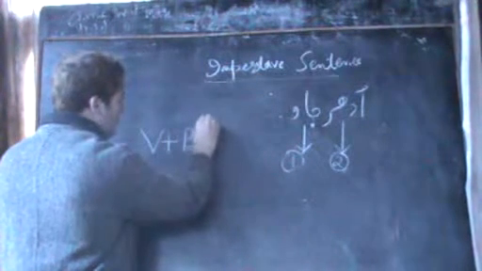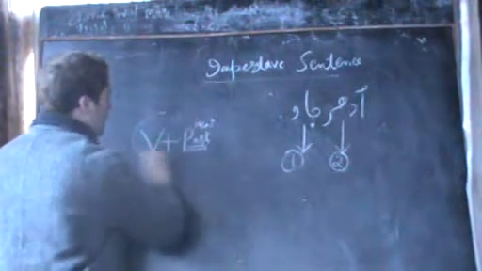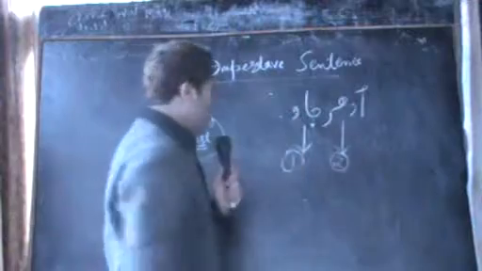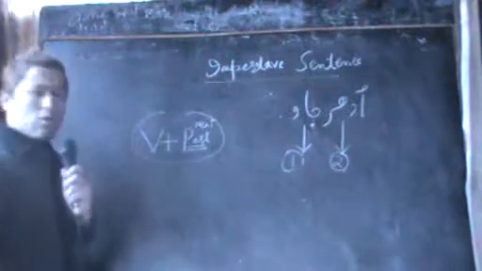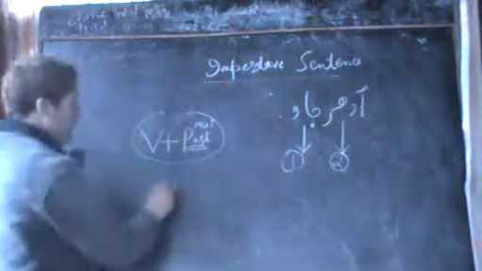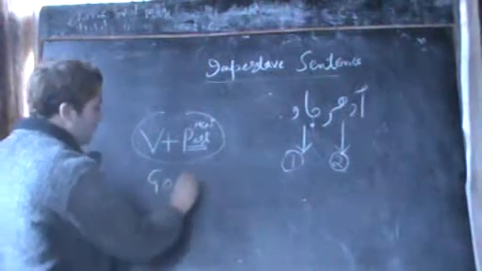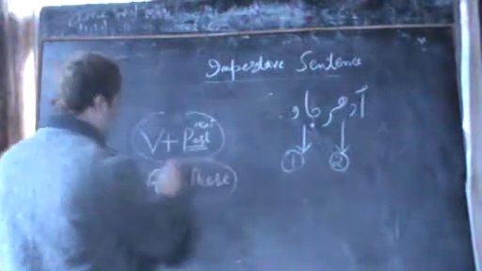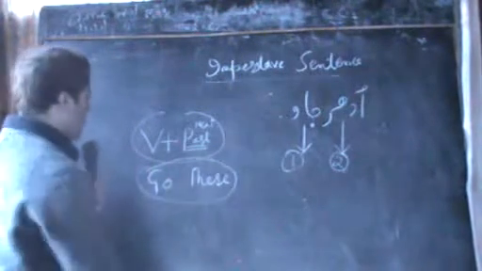Next part. So this is the opposite structure of the Urdu, and here it ends at verb. Here it starts with verb. So I will translate it. Udhar jao means go there. So you have to always use the first form of the verb.